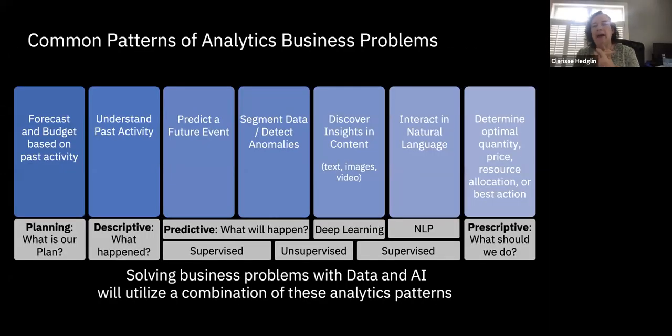So some common patterns that we see that start to apply AI include use of deep learning, and that's when you're able to look at text, images, videos, and insights, and looking at supervised, unsupervised methods of your data.